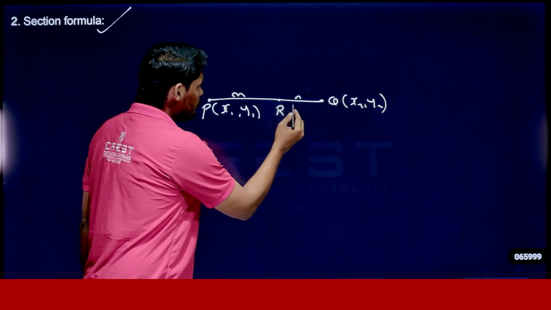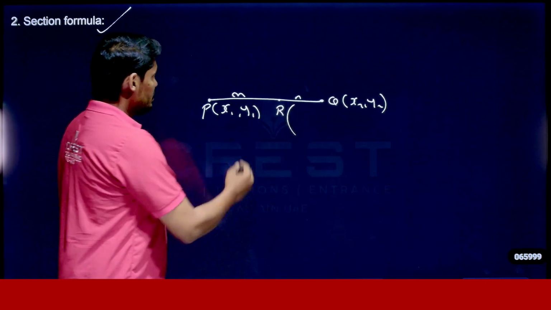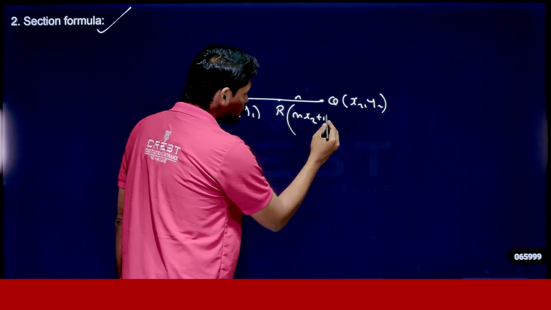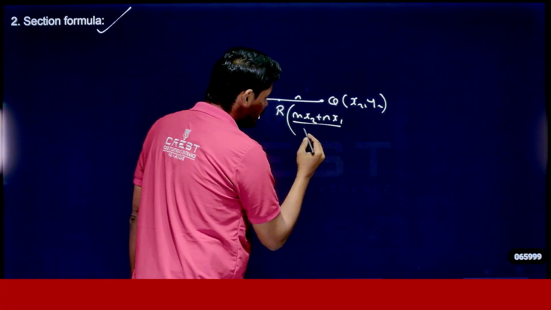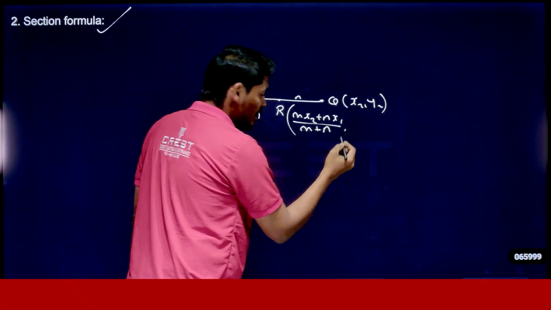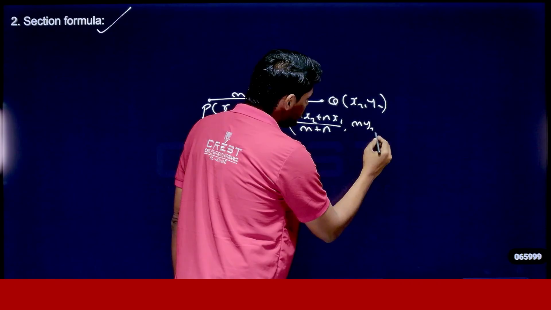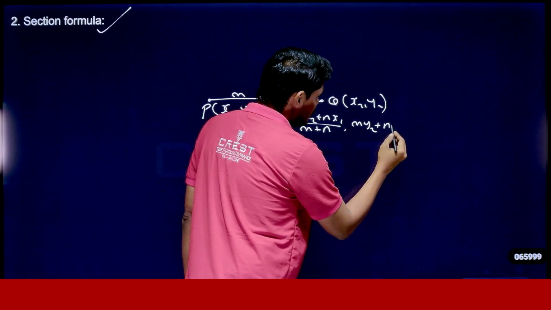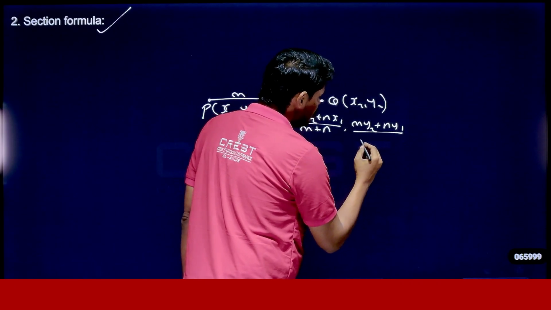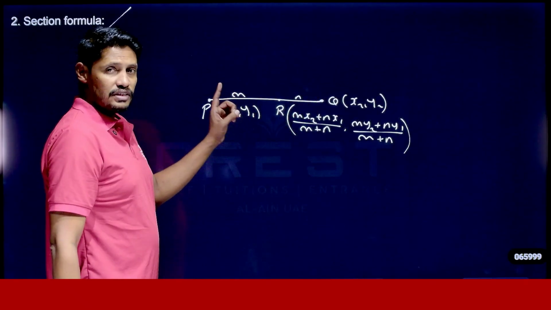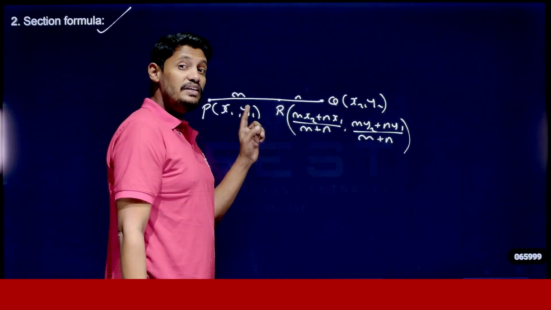Then R has x coordinate (mx2 plus nx1) divided by (m plus n), and the y coordinate (my2 plus ny1) divided by (m plus n). In this case R is an internal division.